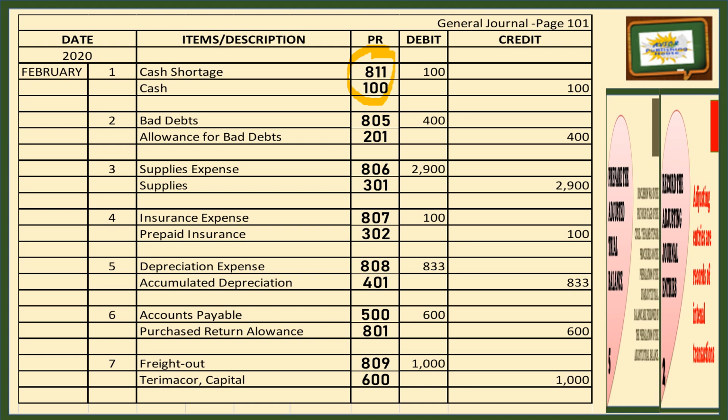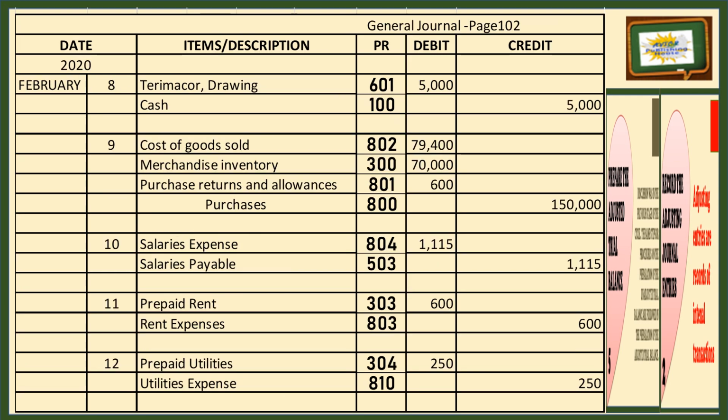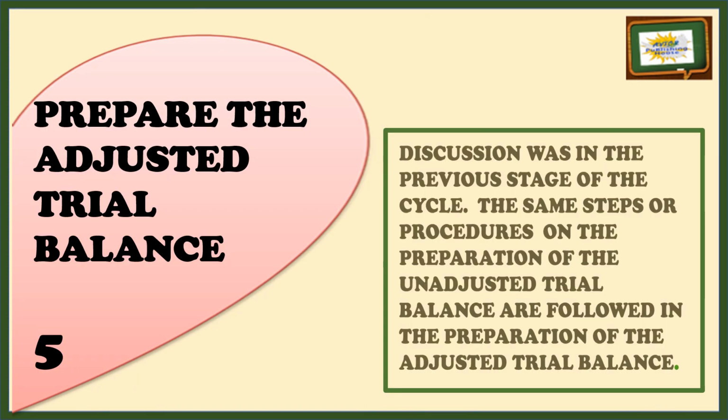If the journal's posting reference column is filled with data, then it means that the journal entry has already been posted to the ledger. So we're done with journalizing the adjusting entries and posting them to the ledger, and we have presented ledger accounts which have been balanced and totaled.